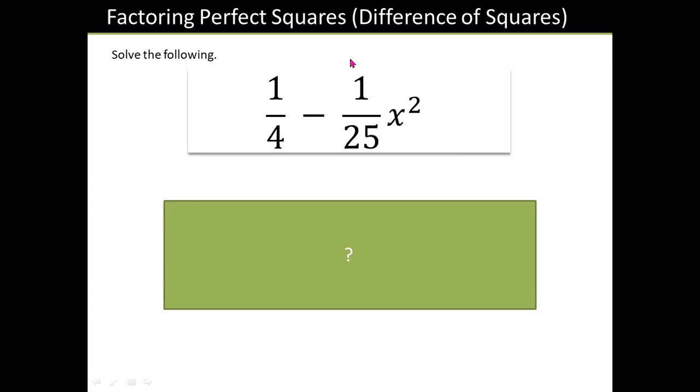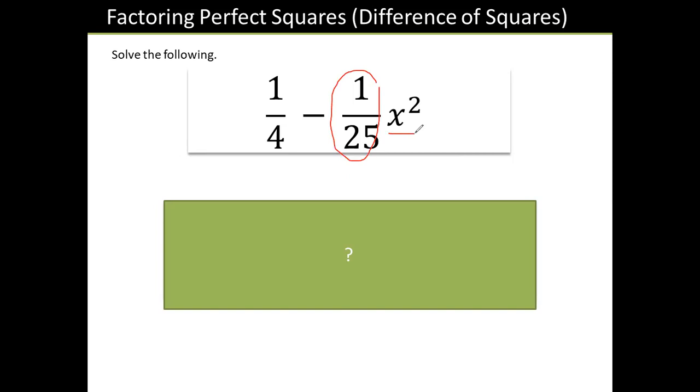So if we factor out that fraction, online you follow, 1/4, the factors will be 1/2 times 1/2. 1/25, the factors will be 1/5 times 1/5. And of course, x squared is x times x.